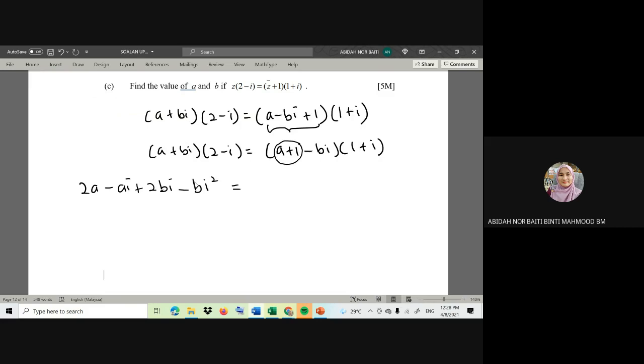So we assume this is only one term. So we expand one by one. Okay, so A plus 1 plus A plus 1I minus BI minus BI squared.